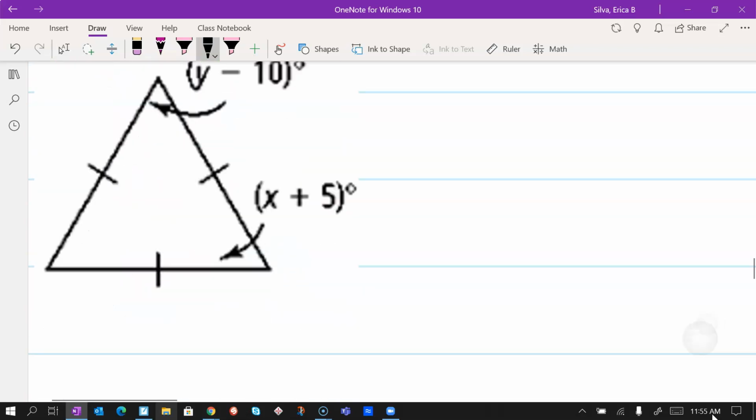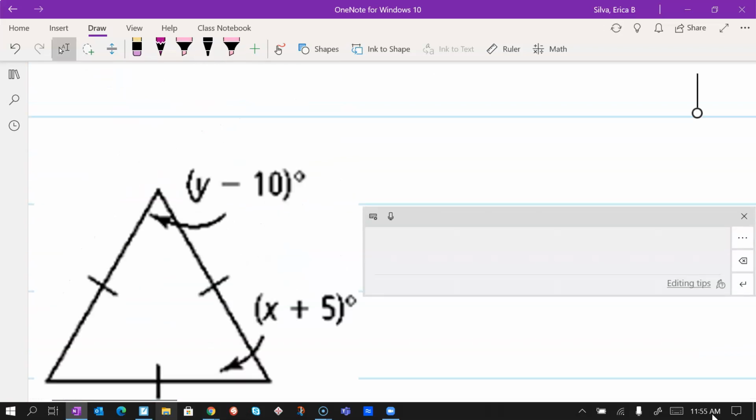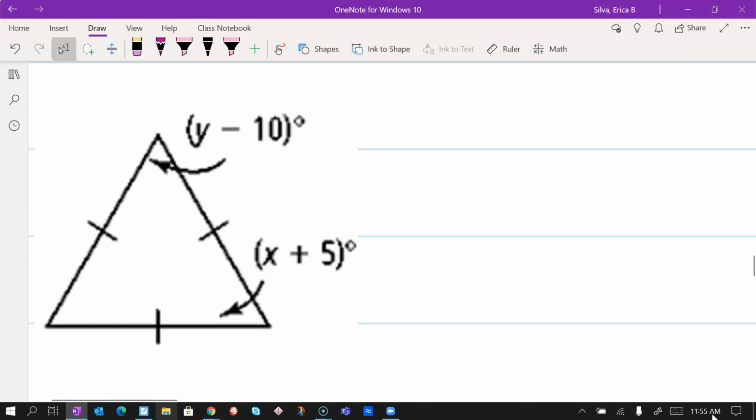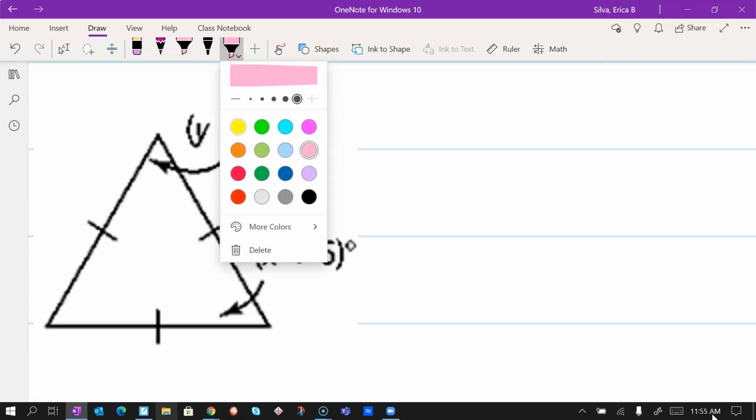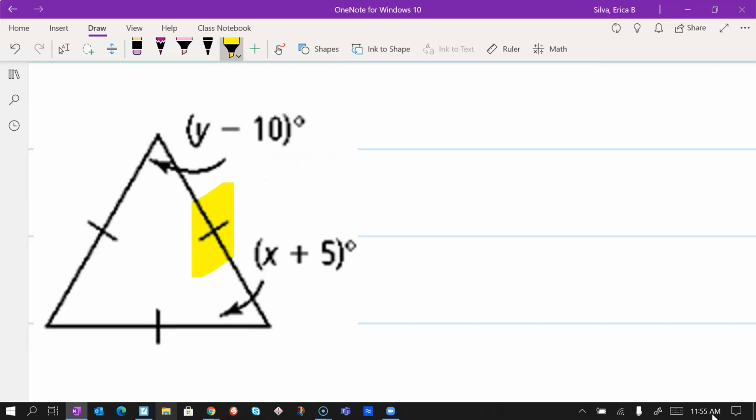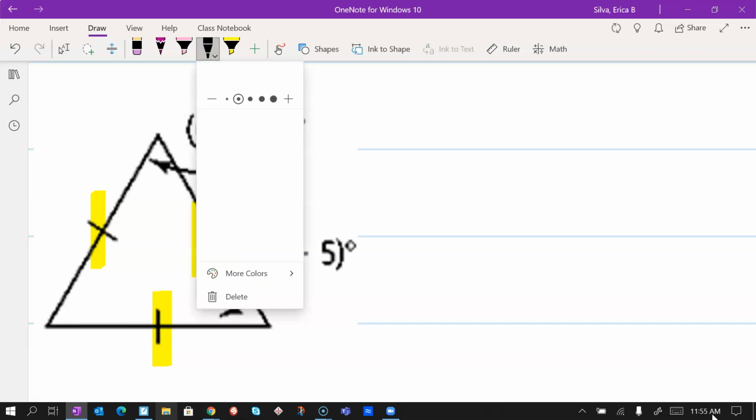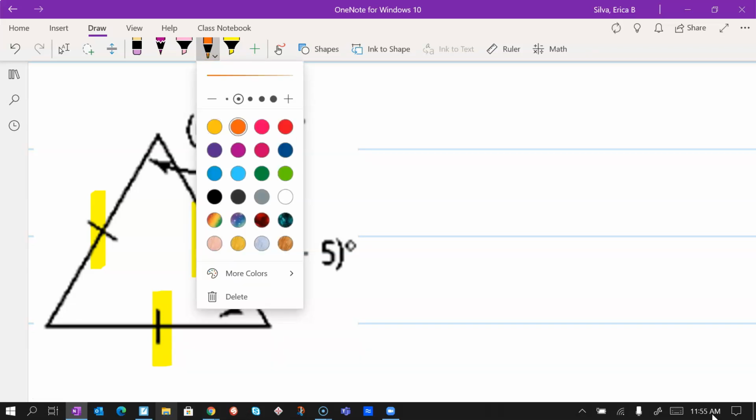All right, let's look at this next one. And a lot of these problems are like the problems that you have on your assignment. Okay, what kind of triangle do we have? It's equilateral because of my little tick marks. So what does it mean about our angles?